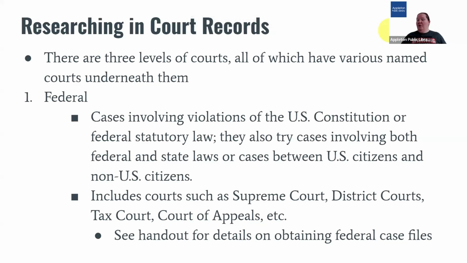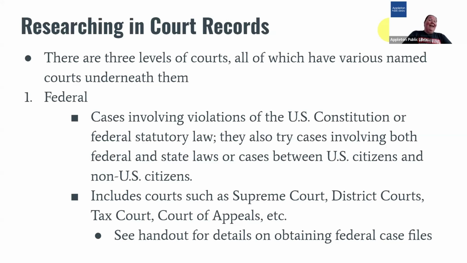So as I mentioned a few minutes ago, there are various levels of courts. There's kind of three main levels of courts that we're going to talk about, all that have various named courts underneath those larger umbrella courts. Like I mentioned earlier, there's something called federal court. So they're going to be cases that are involving violations of the US Constitution or federal statutory law.